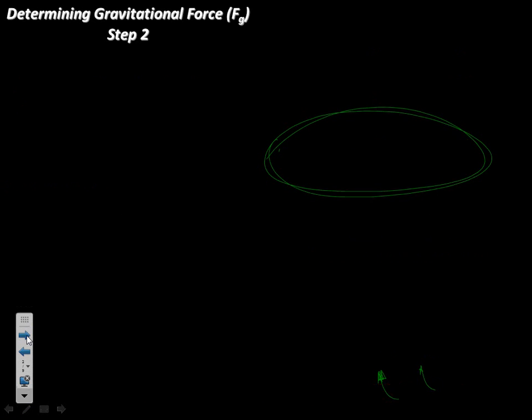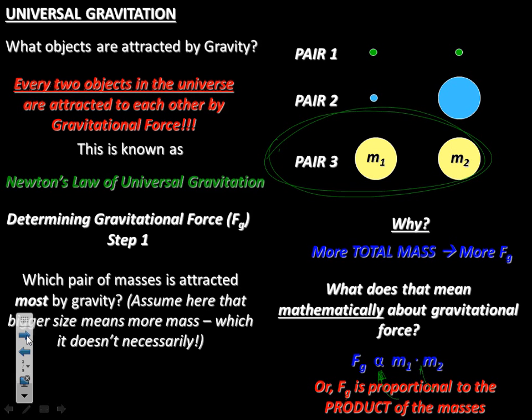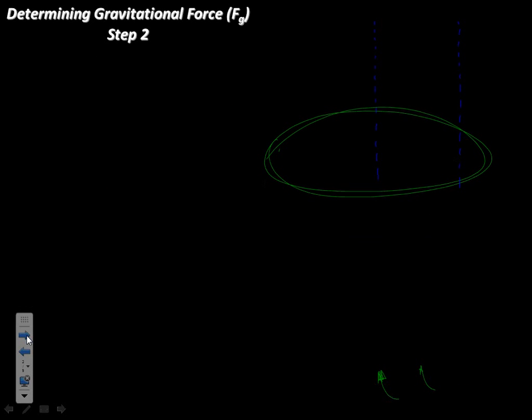Okay. Now, let's look at these 3 sets of masses. What I've done is, well, notice back here, we actually kept something constant. Well, it might not look like it. We kept the separation between masses constant. Because when we talk about the separation between masses, we talk about the distance from center of mass to center of mass. All right, so all these have the same separation.